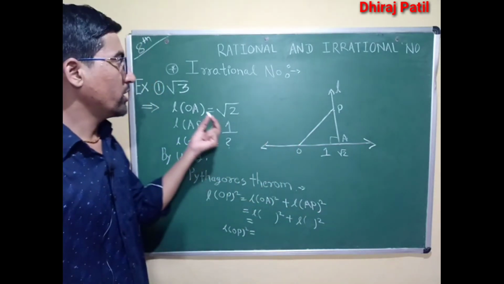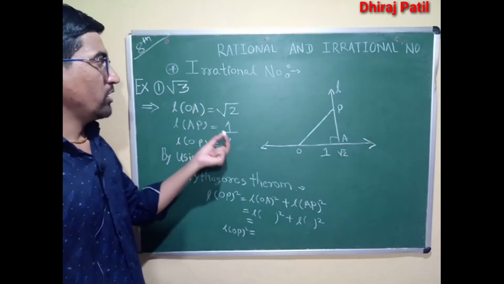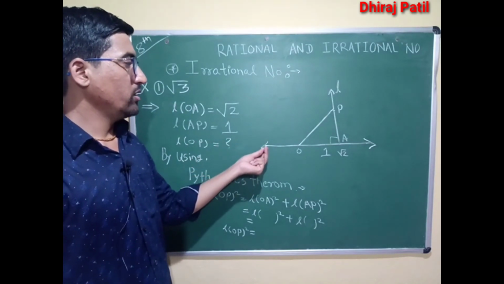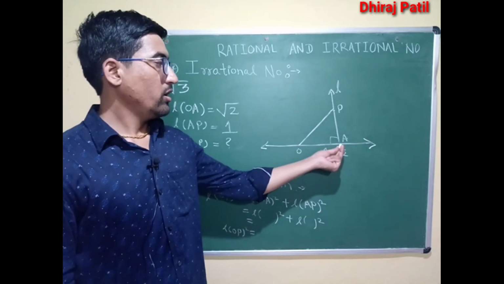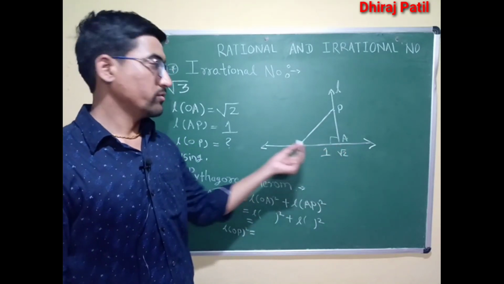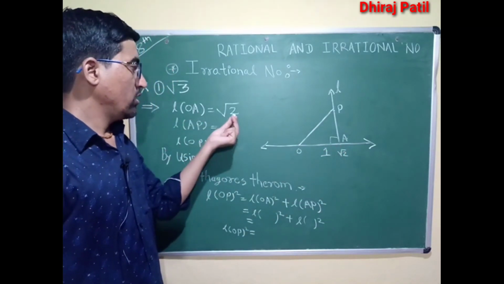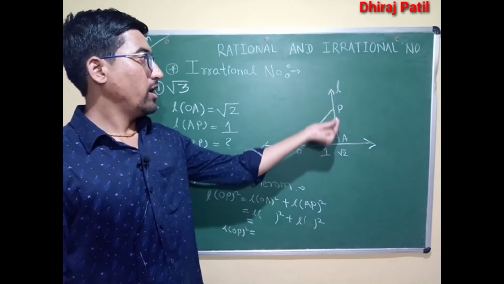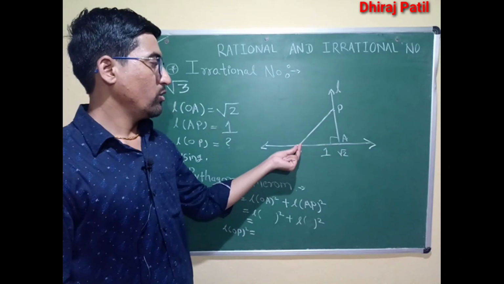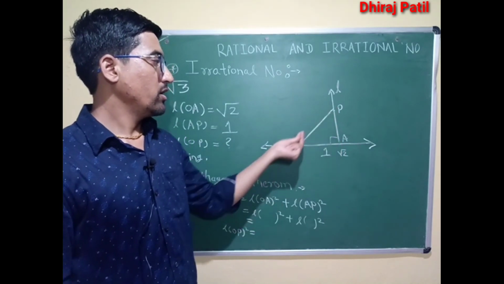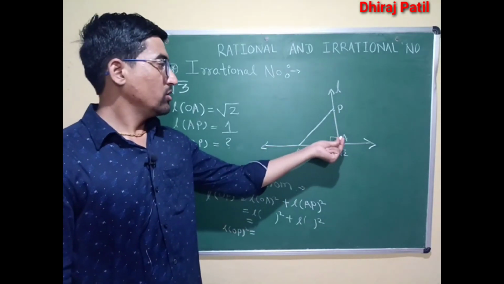In a similar way we take root 3, and firstly we take the number line in such a way that OA has value root 2, and take a line L on the number line that is perpendicular. So we get OAP as a right angle triangle.